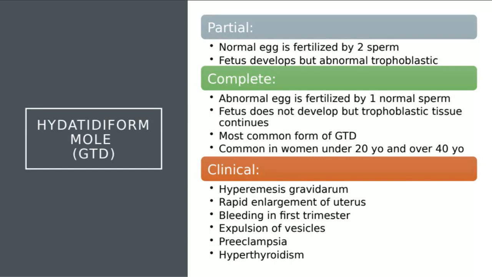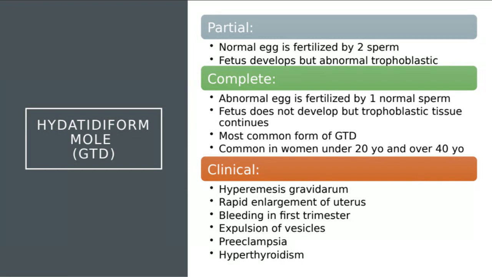So now the role is reversed. The baby is not going to develop, that inner cell mass is not going to develop, but the trophoblastic cells will. So when you're looking at gestational trophoblastic disease, was the egg abnormal or was the sperm abnormal? If the egg was abnormal, then the baby's not going to develop. But if the sperm was abnormal, then the trophoblastic cells are not going to develop.